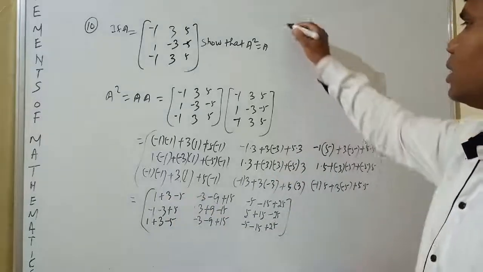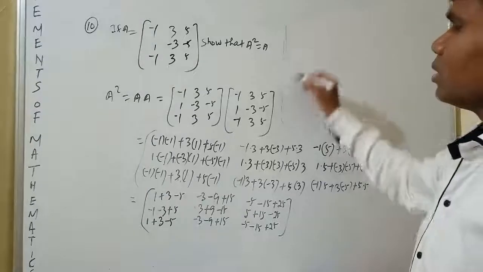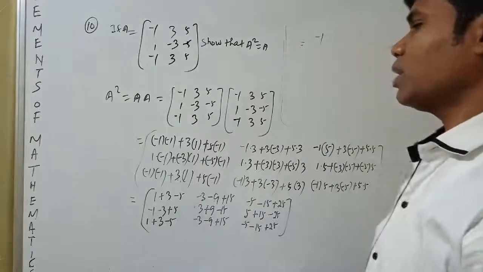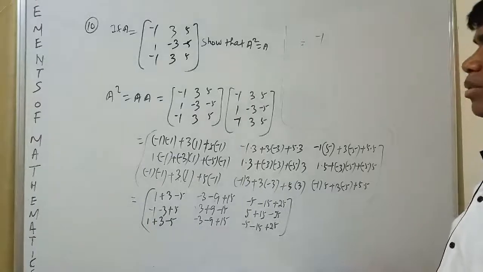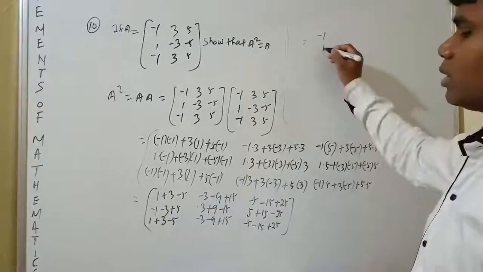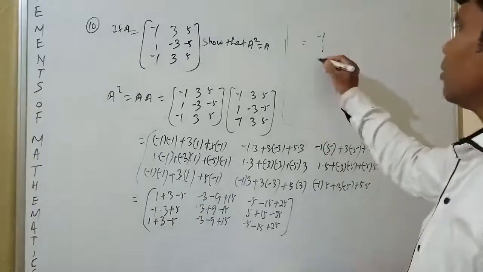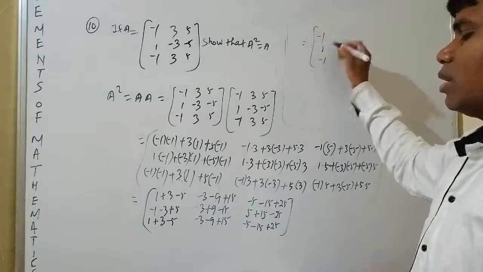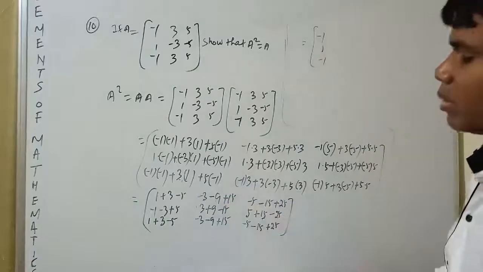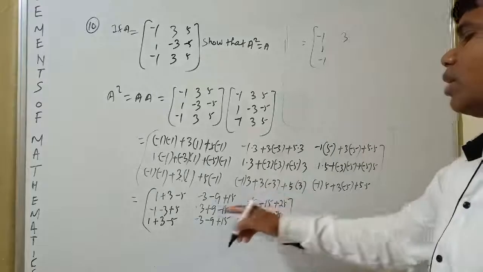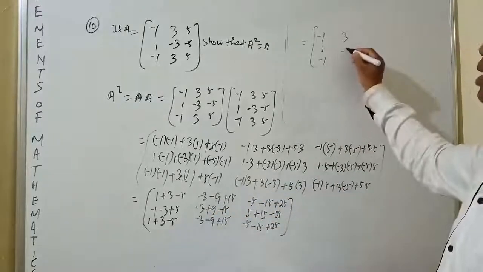You see 3 plus 1 is 4, 4 minus 5, that is equal to minus 1. Okay, 3 minus 1 how much? Minus 4. Minus 4 plus 5 is equal to 1. 3 plus 1, 4 minus 5, minus 1. Okay, this is equal to 9 plus 3, 12, 12 minus 15, minus 3.